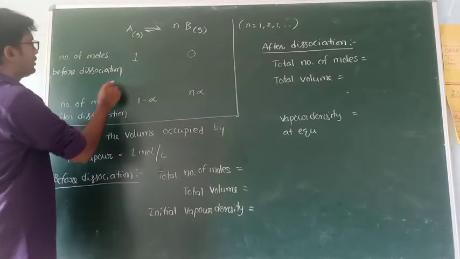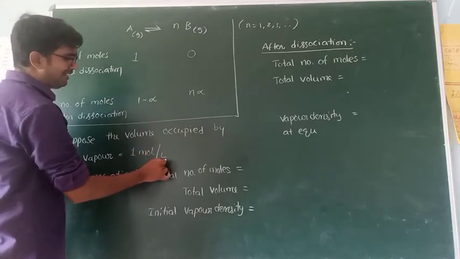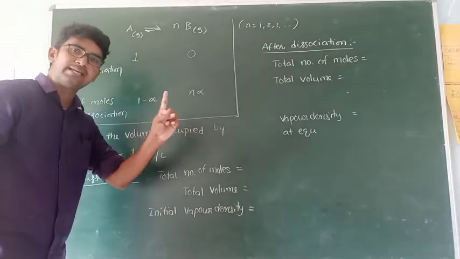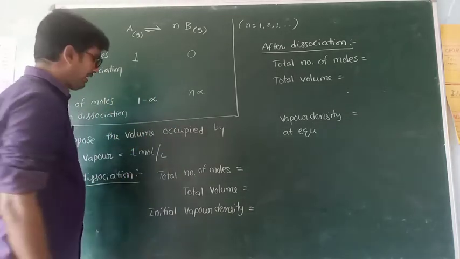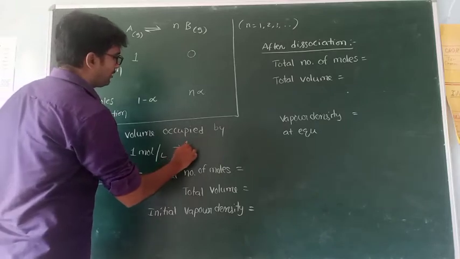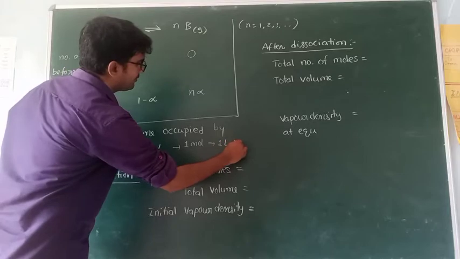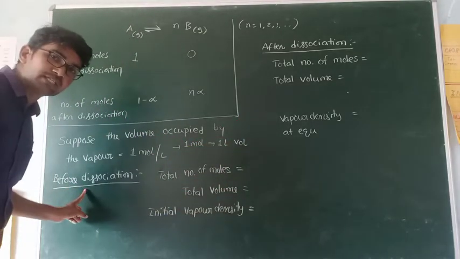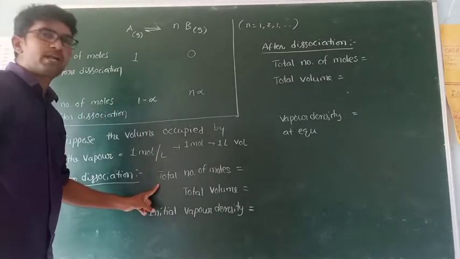Because the number of moles before dissociation is 1. Means 1 mole occupies 1 liter volume. Very important here.